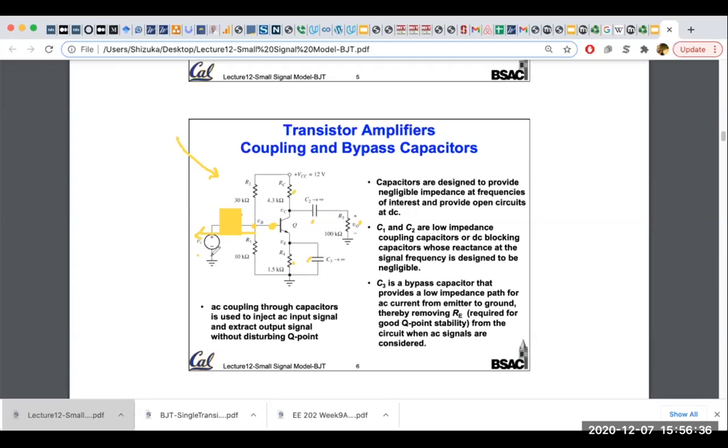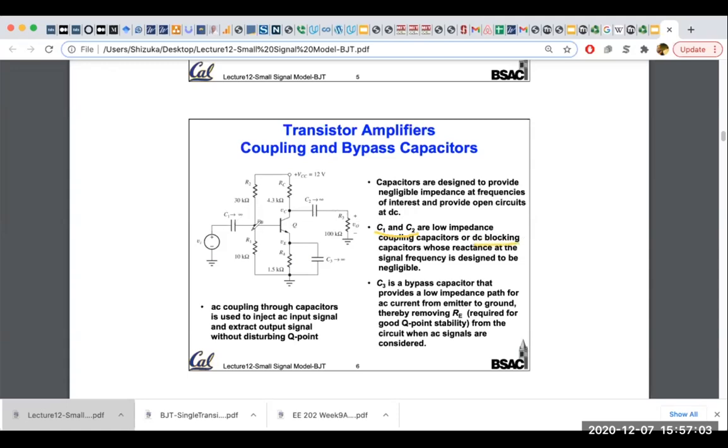So we want to separate the AC signal from the DC signal, and that is called a DC blocking cap, or a coupling or bypass cap. Going back to the circuit, C1 and C2 are DC blocking caps.